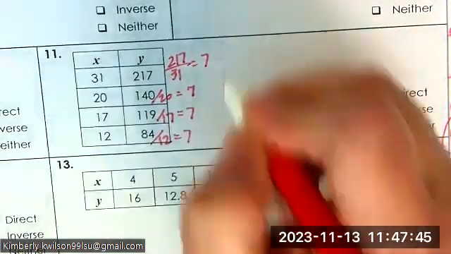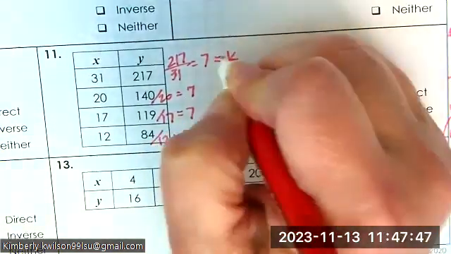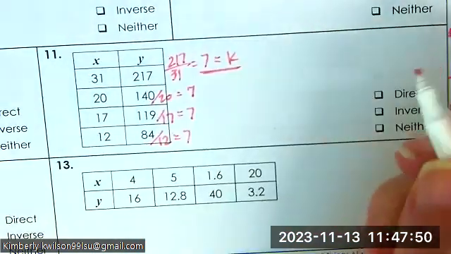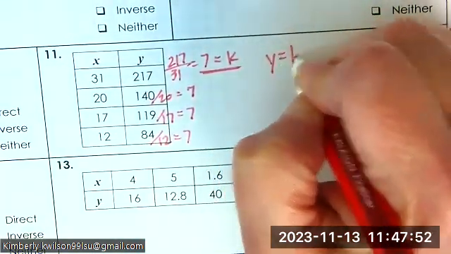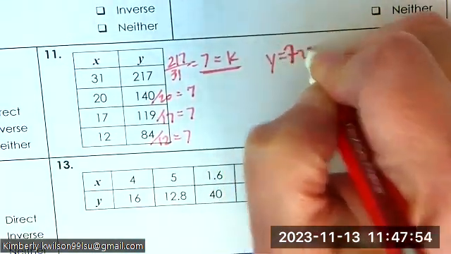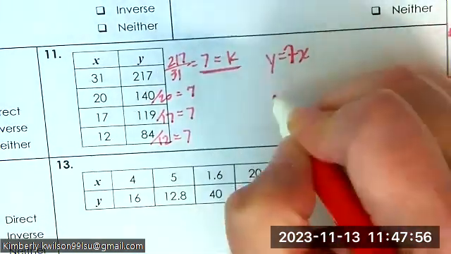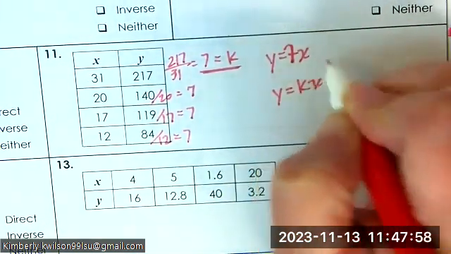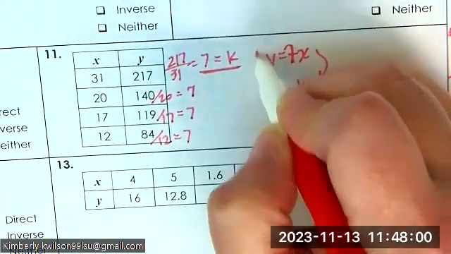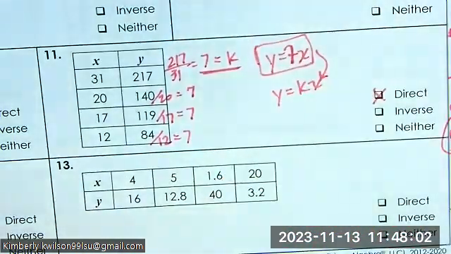So that means my k is equal to 7, which means my equation would be y equals 7x, which is in the direct variation form. So that confirms that it's a direct variation situation.